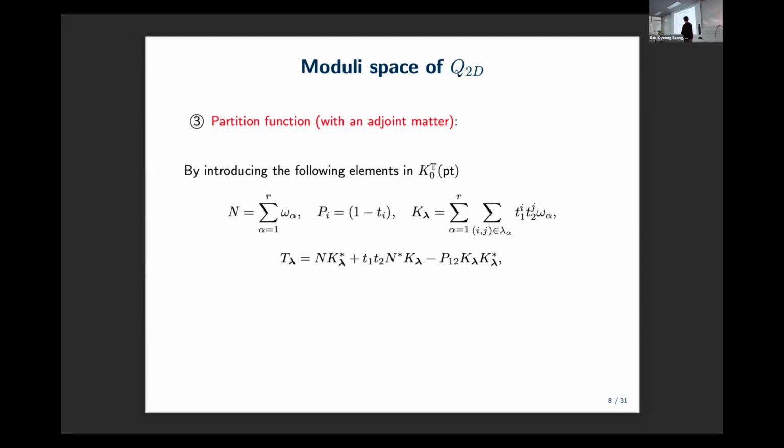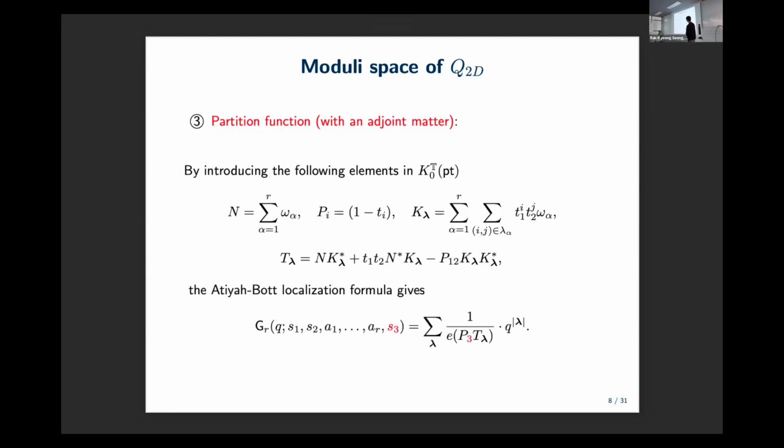And then this is T of lambda using this. And P12 is the multiplication of P1 and P2. Given these characters, we can apply the Atiyah-Bott localization formula and our description of the fixed locus to express the partition function with adjoint matter as a formal sum over tuples of partitions.